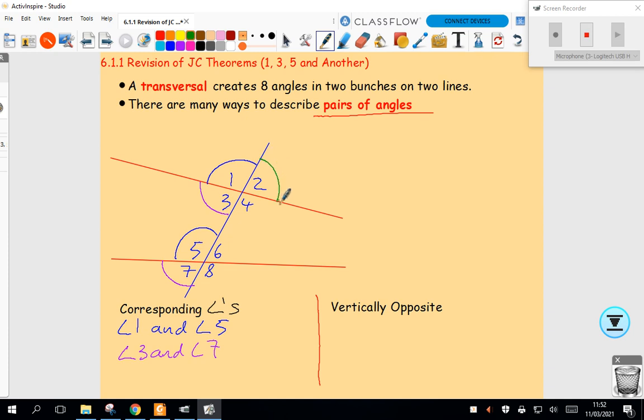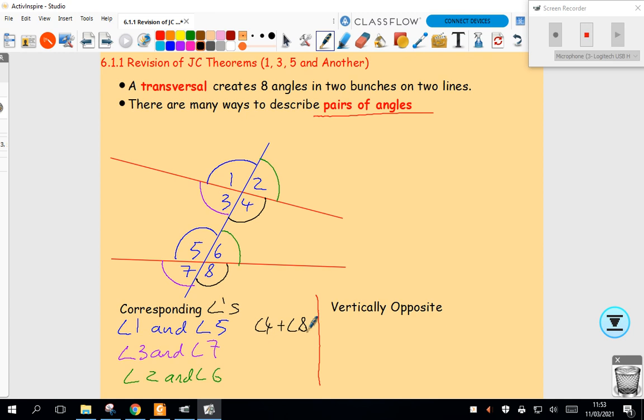At the top right in each, angle 2 and angle 6 are corresponding angles. And finally, angle 4 is in the same relative position as angle 8, another pair of corresponding angles. Corresponding angles occur in pairs, and you need to be able to identify them when two lines are crossed by a transversal.